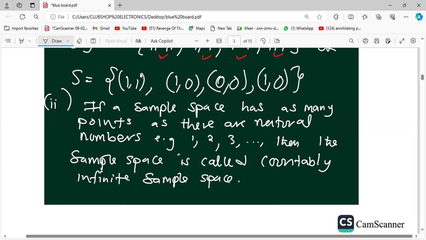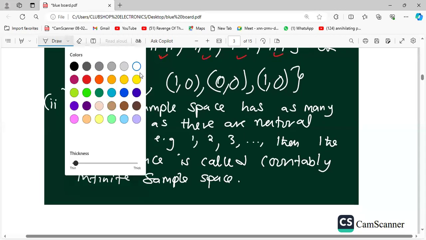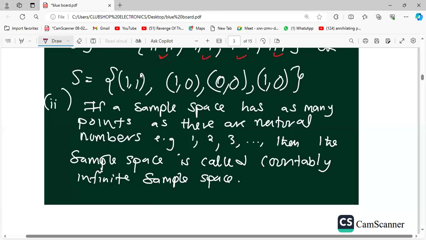That's what we mean. If you have a sample space where you have infinite points, and these points are discrete, then that sample space is referred to as a countably infinite sample space. Okay?